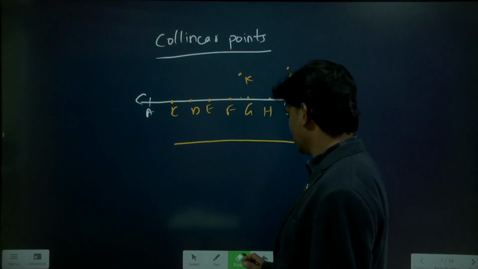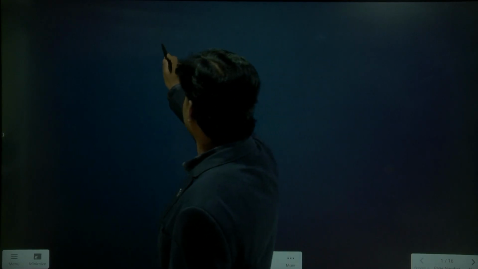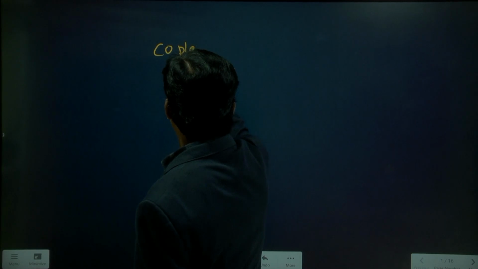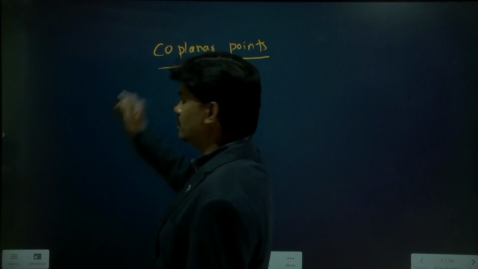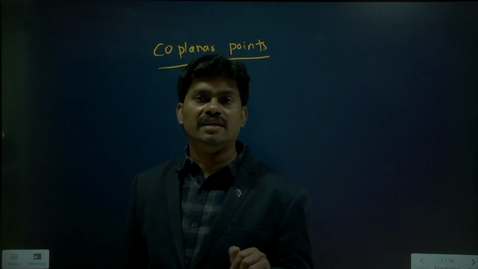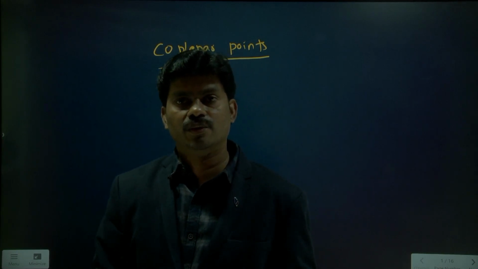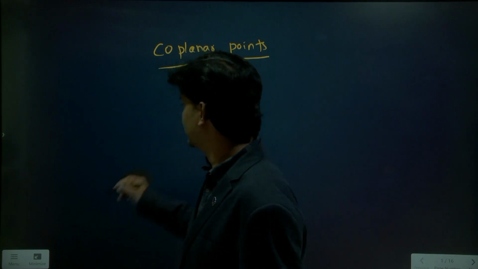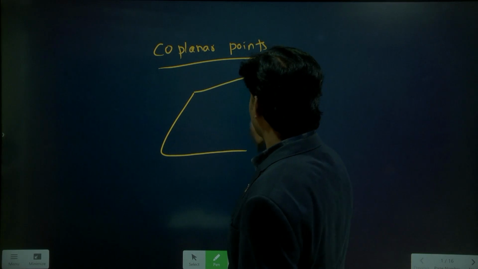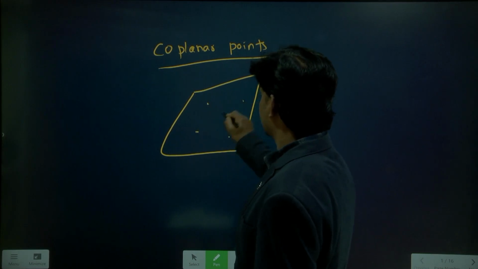Next, coplanar points. Collinear in the sense they will be on the same line. Coplanar, they will be on the same plane. Let's take a plane here. Coplanar points are all on the same plane.